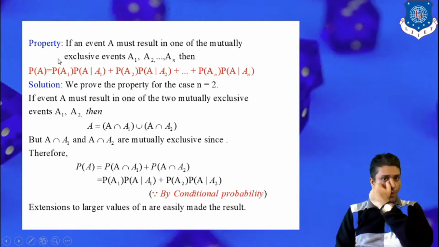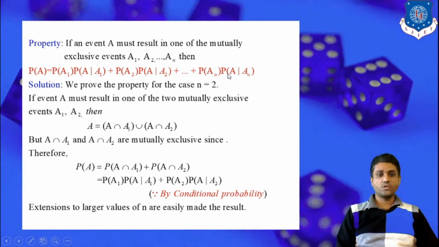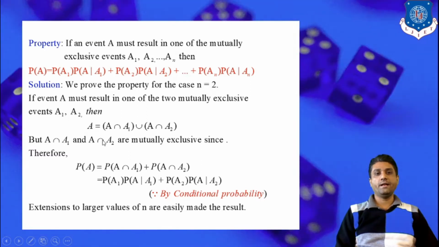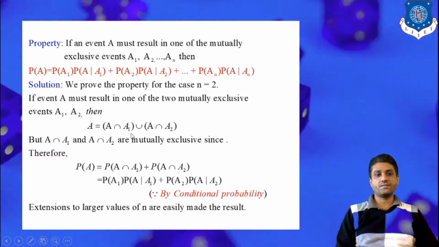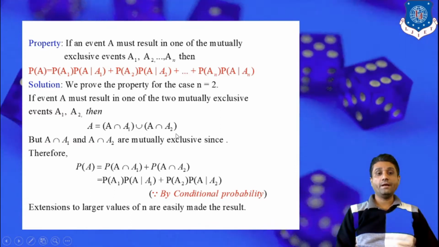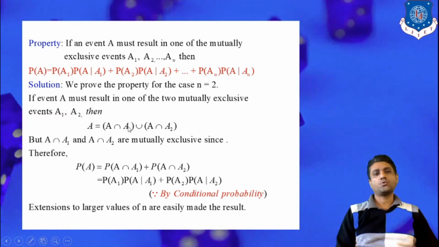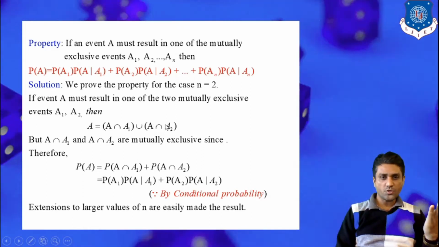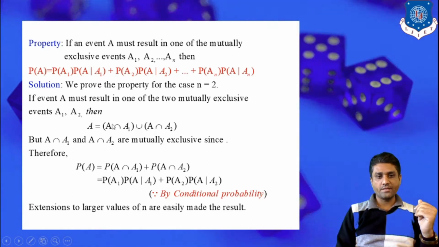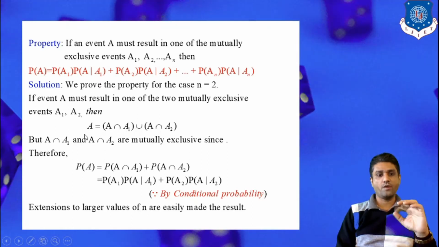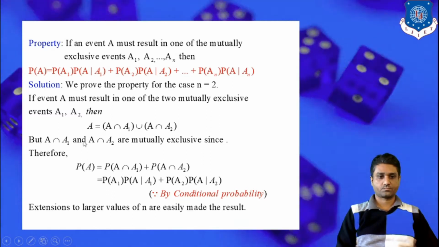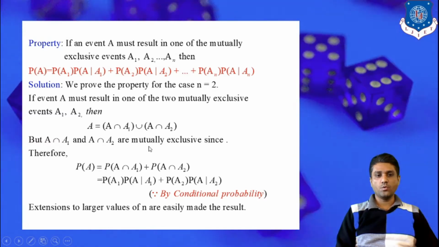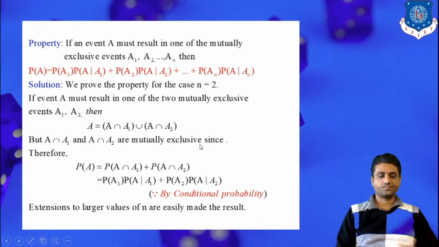To deal with this property, we first take n equal to 2. So we assume capital A is equal to A intersection A1 union A intersection A2. Because we know that A intersection A1 and A intersection A2 are each part of A, when we combine these two sets we get the original set A. So A intersection A1 and A intersection A2 are mutually exclusive.